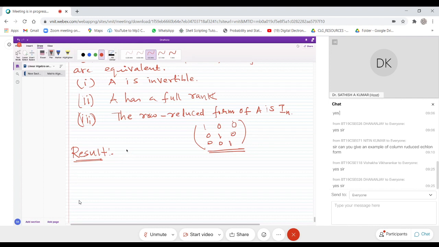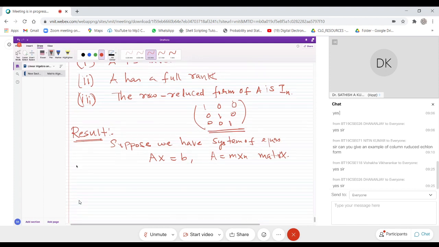Suppose we have a system of equations Ax = b, where A is an m by n matrix. It can be a square matrix also, that is not a problem.